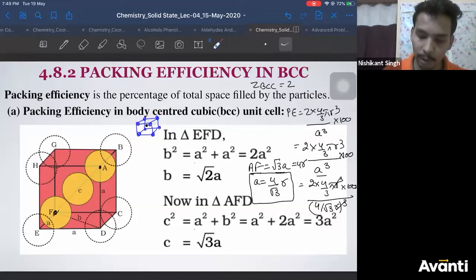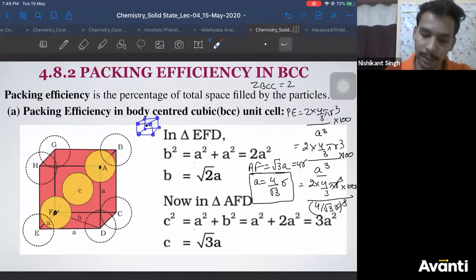So if that is what we have shown here, AF is your body diagonal. This is the top corner particle, this is the body center particle, this is the bottom corner particle. We have already done the calculation previously that body diagonal length is always root 3a. So let us see this root 3a equals how many radius.